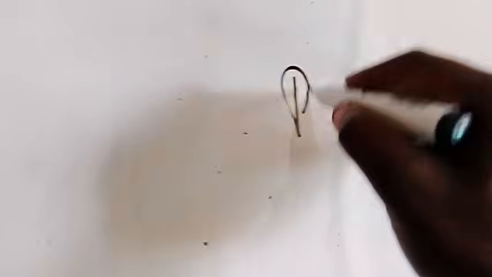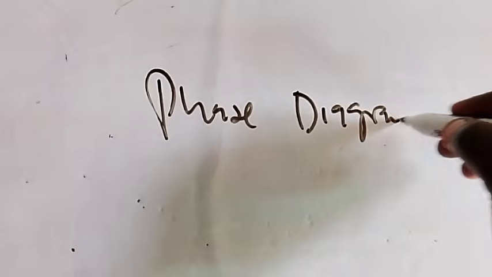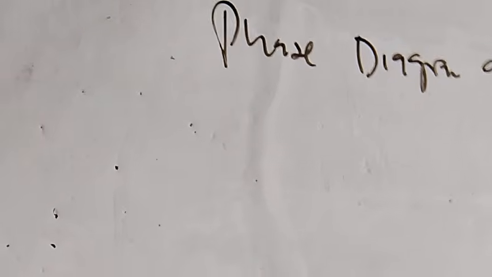Okay, so we can now look at the phase diagram of carbon dioxide. Let's look at the phase diagram of CO2. We need to draw the phase diagram of CO2.